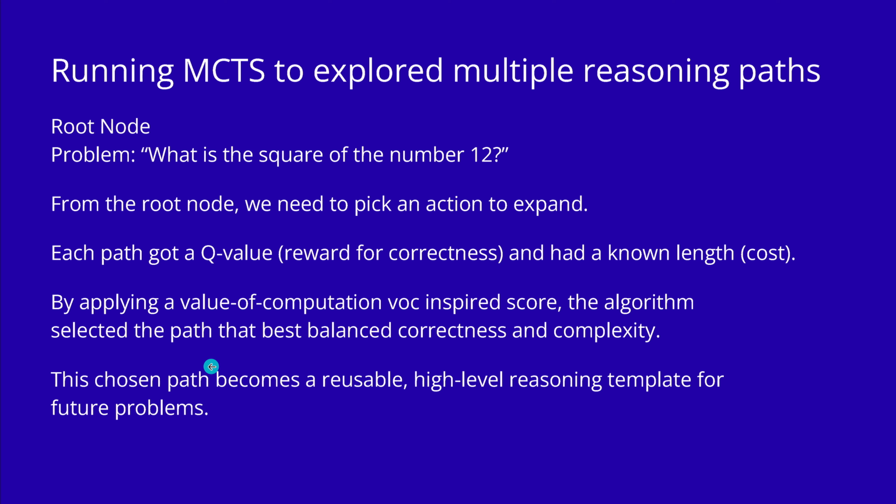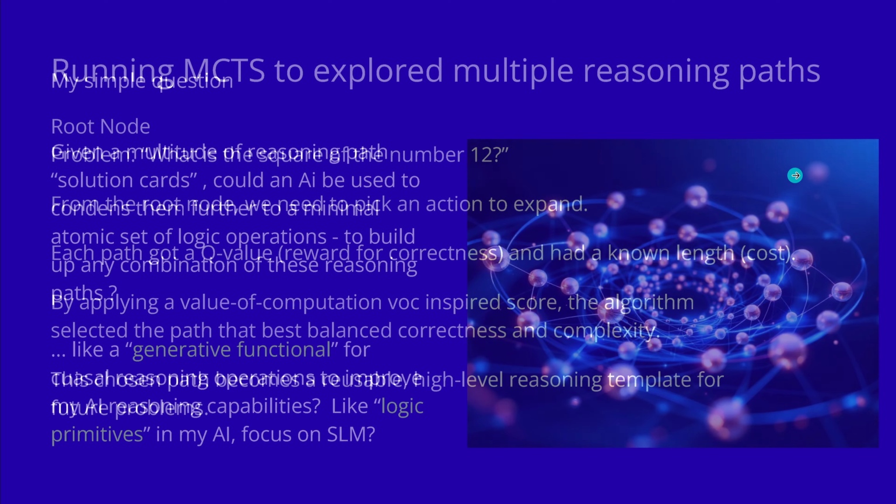And then this chosen path becomes a reusable high-level reasoning template for future problems, a kind of minimal set of a valid reasoning path for a particular complexity. Let's formulate it in this way.